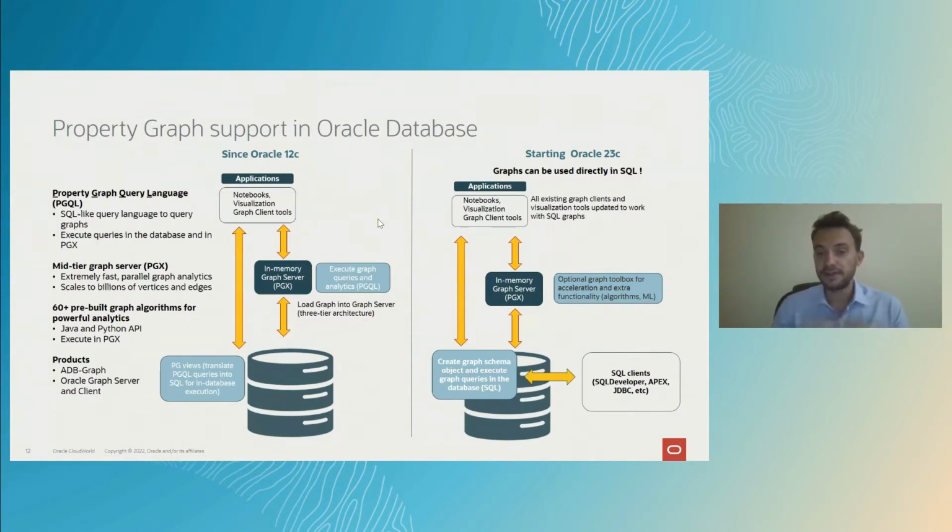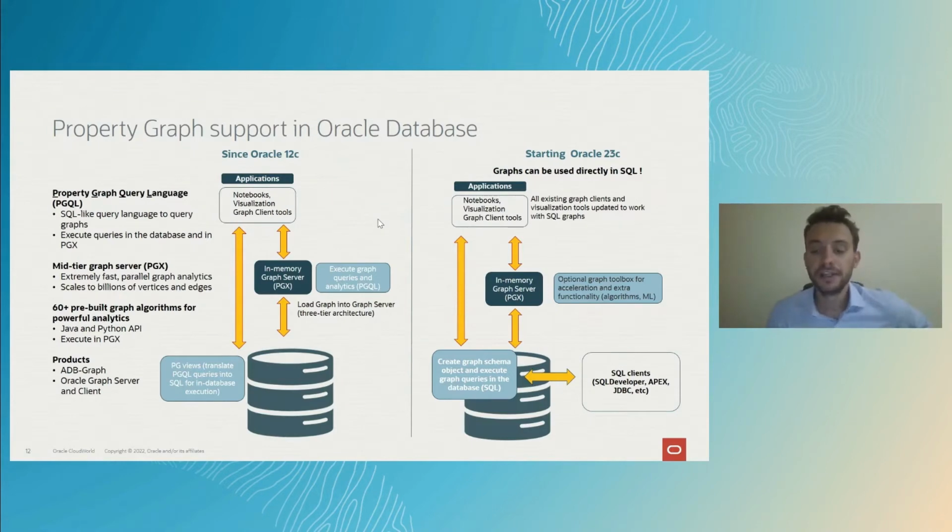That basically means that all the SQL clients, all SQL applications will be able to leverage graphs out of the box. And then all the existing graph applications that Oracle has been offering so far, in terms of notebooks, visualization tools, and so on, will be adapted to work with SQL graphs.